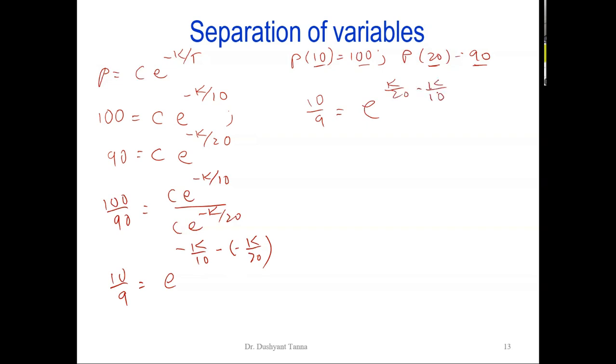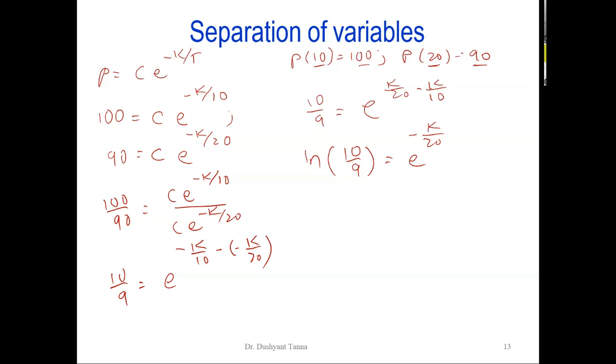E becomes log, so ln. What is the simplification of this? K over 20 with a minus, isn't it? Yeah. And then once you simplify this, you will have the value of K.